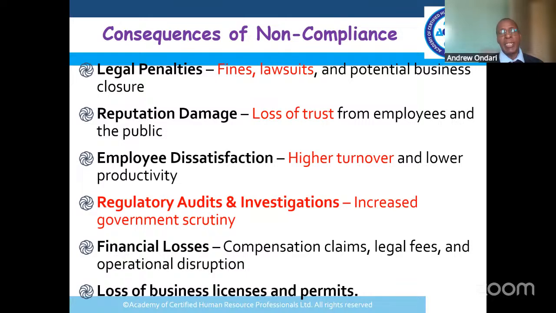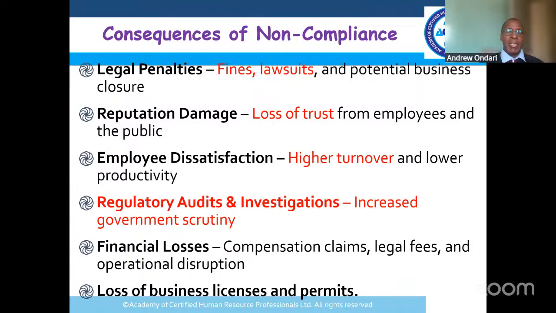So when we audit legal compliance, we are focusing on how we can ensure that employees produce desired results in an environment that is fair, just, equitable, and non-discriminative. All these are factors that are covered in the employment law. So productivity is affected by non-compliance.